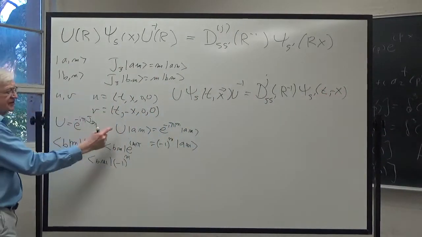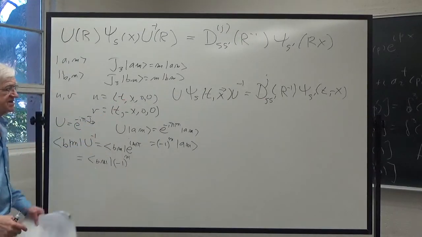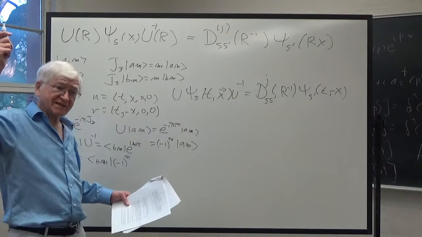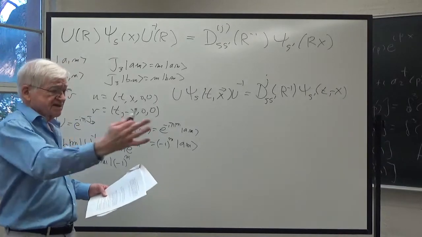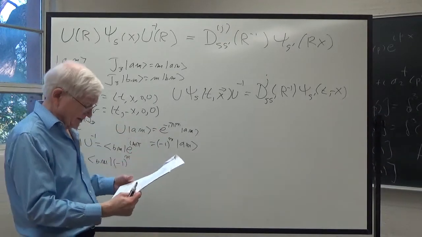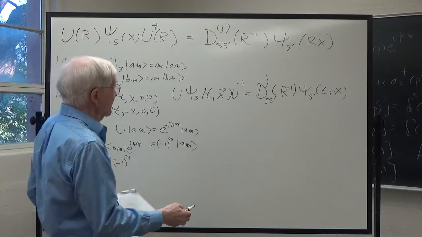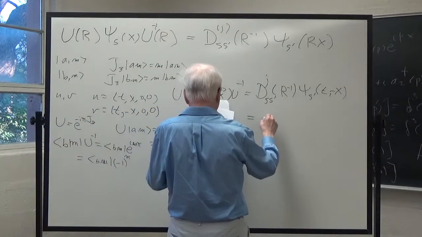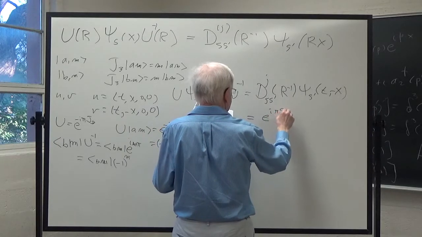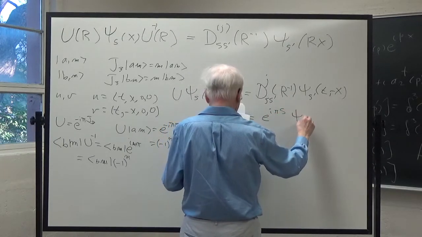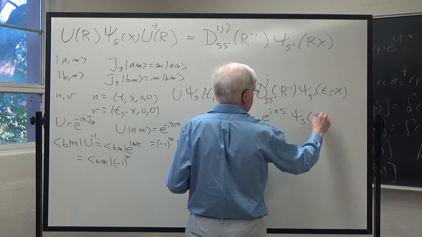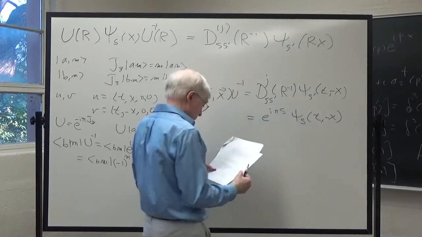We're in this particular frame, we rotate x to minus x. So it's a rotation about the z-axis, and so x goes into minus x, y into minus y, but I'm not paying any attention to y. And this is then e to the i pi s psi s of t and minus x.